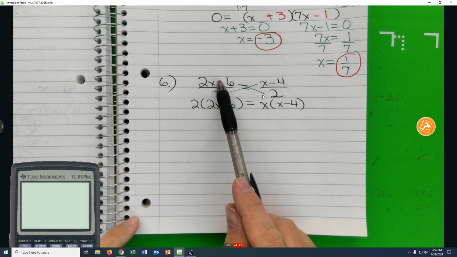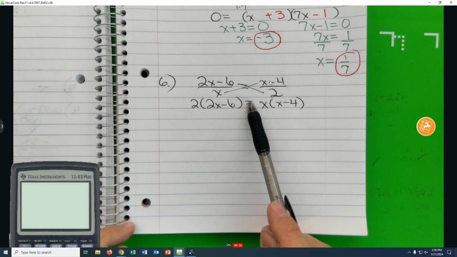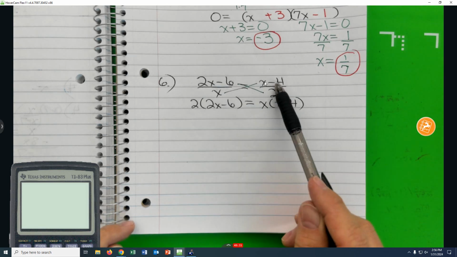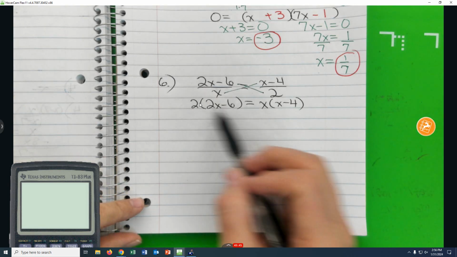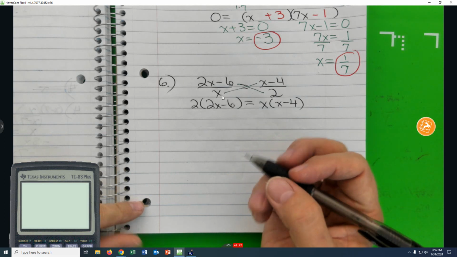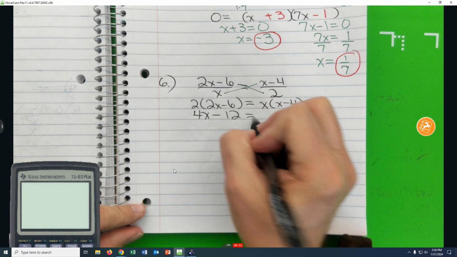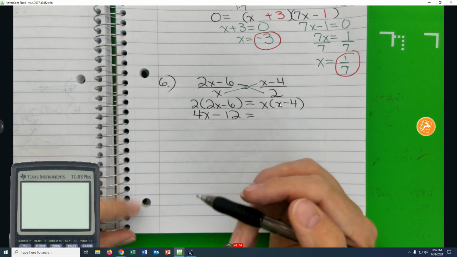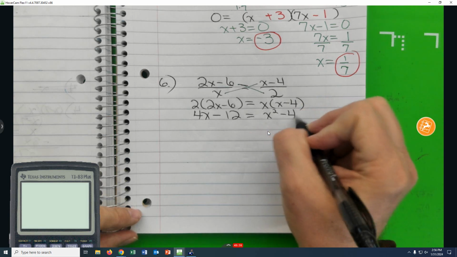You take the numerator times the denominator on the other side equals the denominator times the numerator on the other side. And that would give you the exact same thing as if you just multiplied both sides by 2x. What are we going to have here on the left side? 4x minus 12 equals x squared minus 4x.